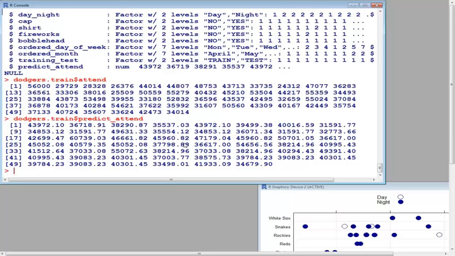Now, it's a linear model, meaning we could have said, I want a model that had that and also that. So I want to have day of the week, but I also want to include day of the week squared. Maybe I think that attendance is dependent on the square of the day of the week. I don't know why we would think that, but we might. And so we could check that model, but we didn't.